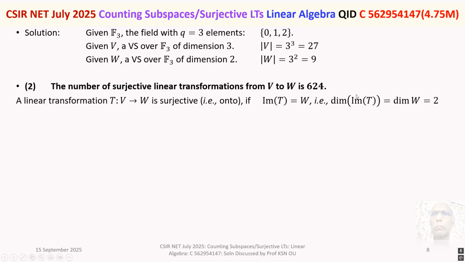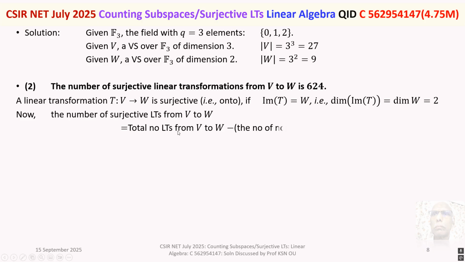If the dimension of image of T is not 2, that means if it is less than 2, then it will be non-surjective. Now, the number of surjective linear transformations from V to W is equal to the total number of linear transformations from V to W, which we have already calculated, minus the number of non-surjective linear transformations from V to W. This is what we have to find out.